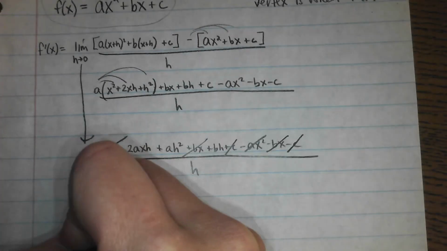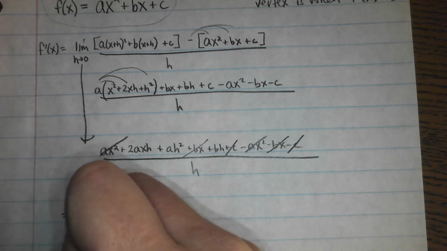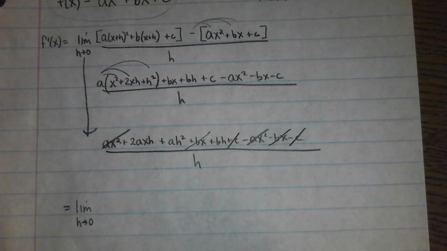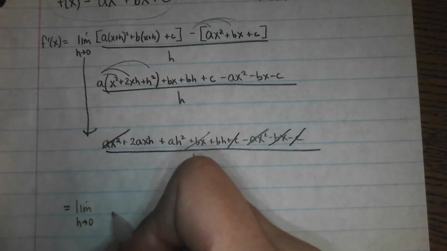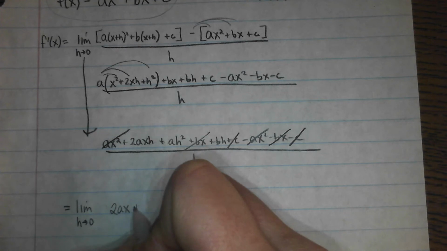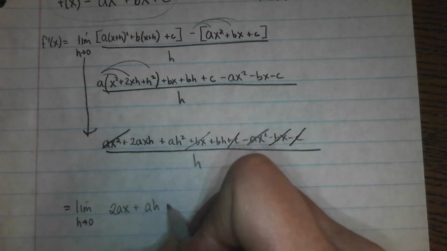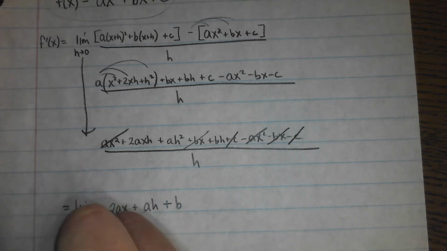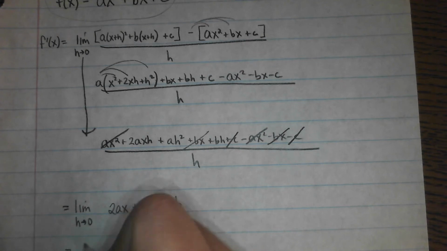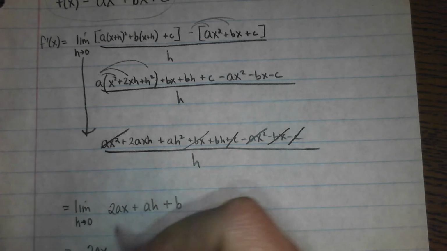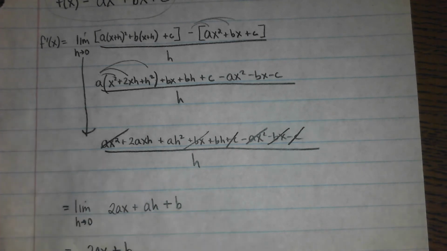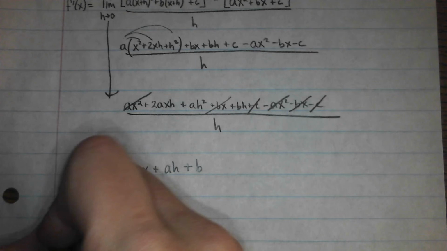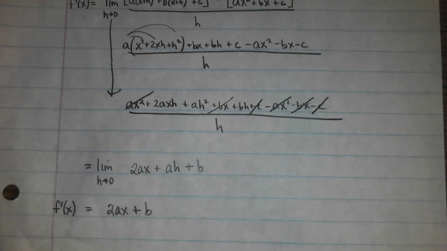So my derivative is now going to be the limit as h approaches 0 of 2ax plus ah plus b. And when I find that derivative by letting h be 0, it's going to be 2ax plus b. That's my derivative, right?